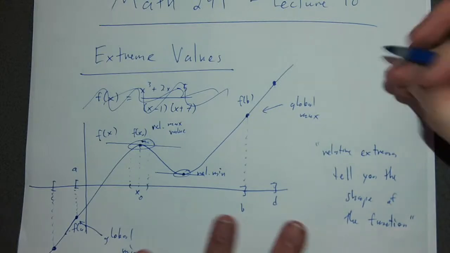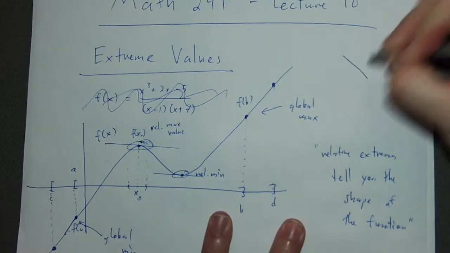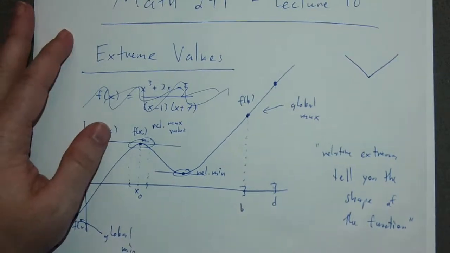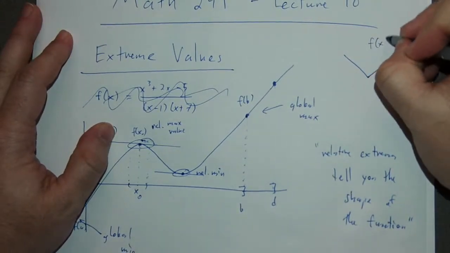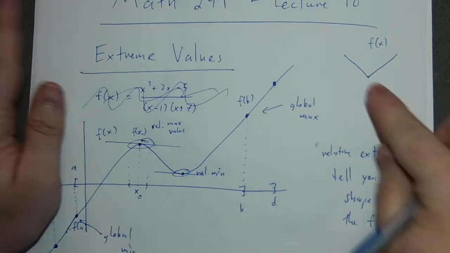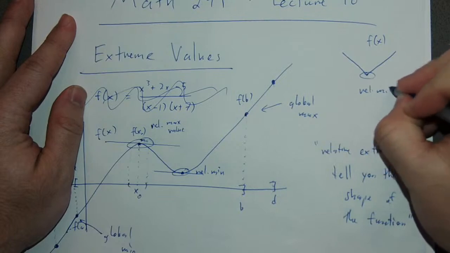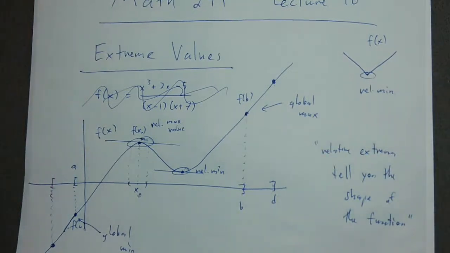But what if I had a function that looked like this? So here's my function, f of x. I still want to say that this is a relative min. Okay? But there's a problem here. Right?